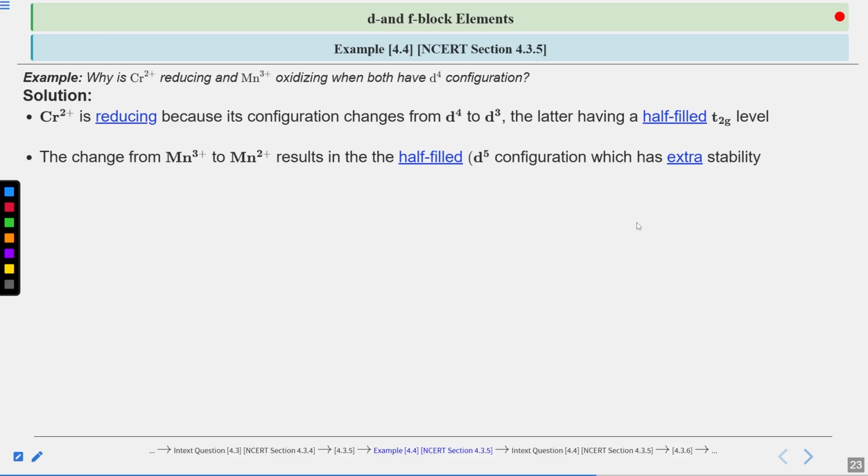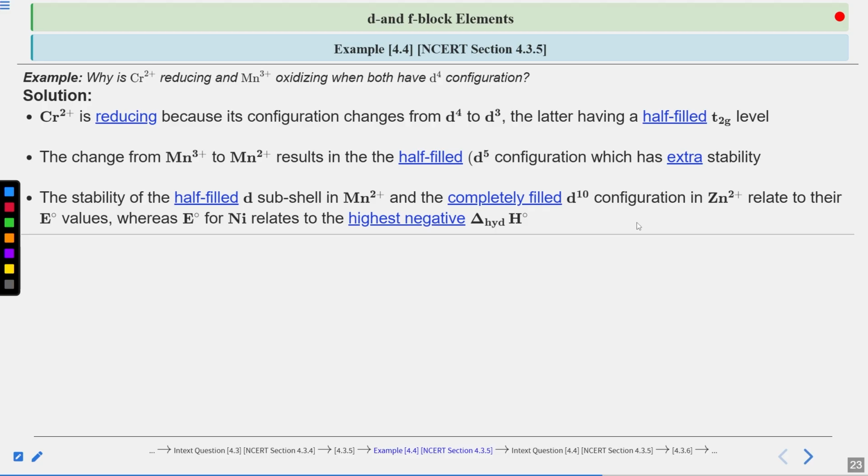And manganese 3 positive to manganese 2 positive is oxidizing. Manganese 3 positive oxidizes others easily and gets reduced itself, becoming Mn2 positive to attain the half filled d5 configuration, which gives extra stability. That is why chromium 2 positive is reducing and manganese 3 positive is oxidizing.